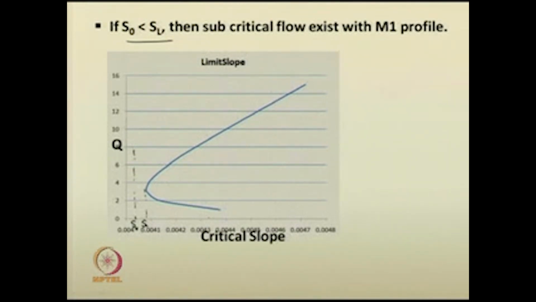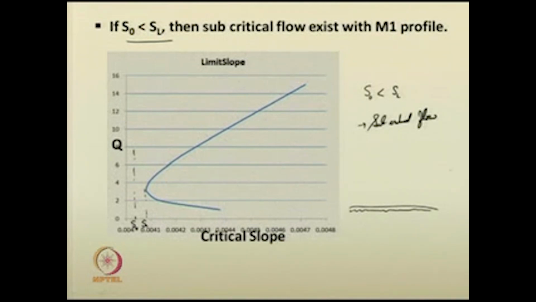So your slope S0 is less than S L, which means subcritical flow exists. In subcritical flow, what is the gradually varied flow profile that you can observe in such a situation? Yes, it is the same M1 profile that you can observe.